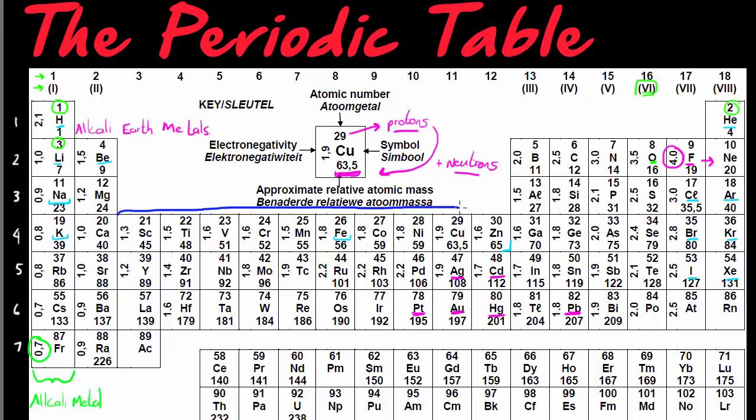Okay, then all of these in this group here up to that point, that's called transition metals. And then all these ones here, and then it takes a step down.